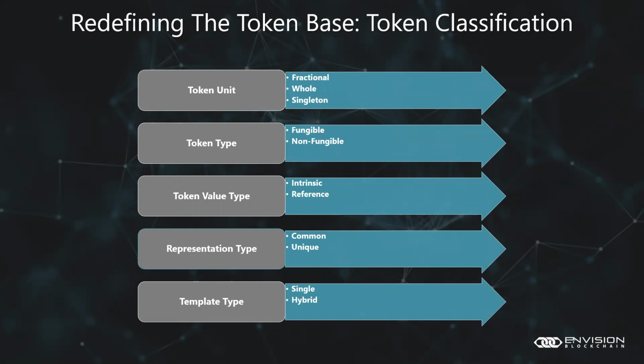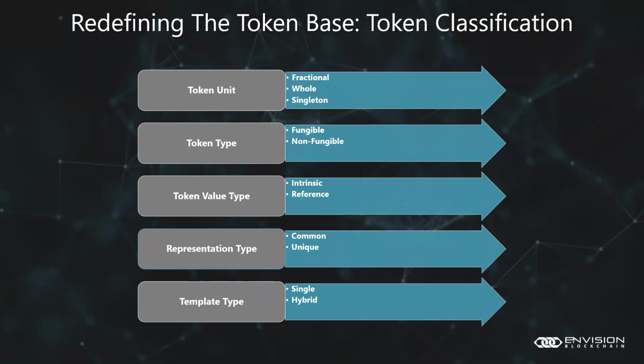So a common example would be a theater ticket where you have a specific date, time, venue, and so on and so forth, which would be the parent token.